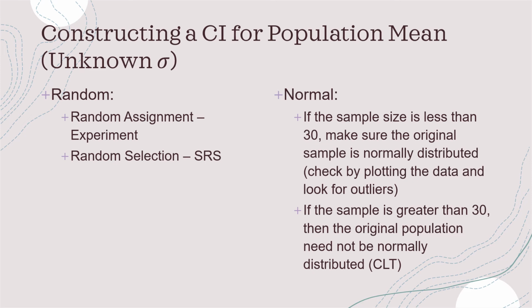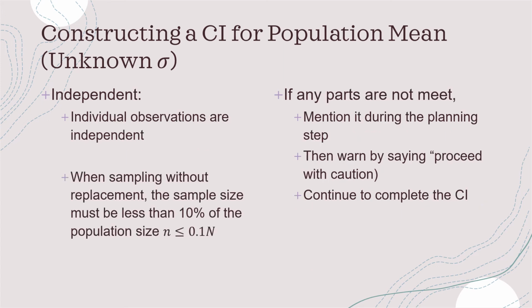If the sample is greater than 30, you can just use CLT, the central limit theorem, and you're all good. So under 30, do the dot plot and make sure there are no outliers. Over 30, central limit theorem, and you're good. Independent, making sure that it's independent.